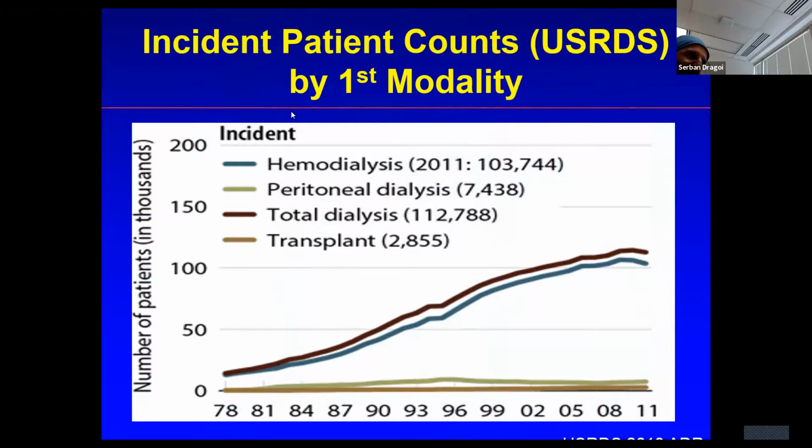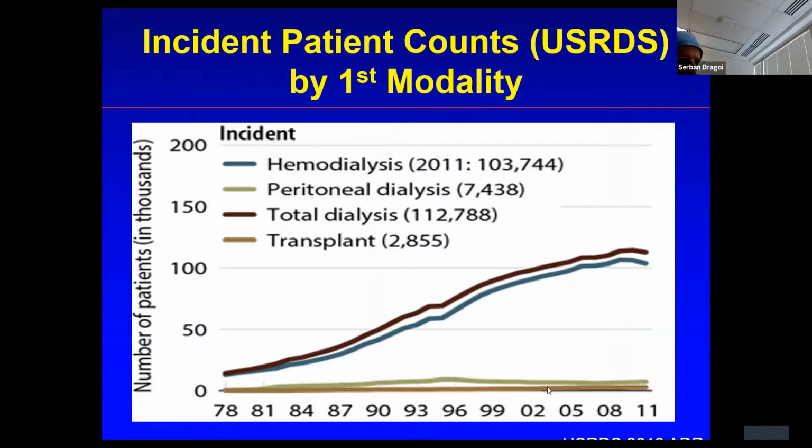You see that this line here denotes the hemodialysis. This is total dialysis, the one above, and the PD, it's the very thin or the very low number of patients, unfortunately. So it's an underutilization of peritoneal dialysis. The transplant, even more disturbing, it's barely there. It's a very low line, meaning the counts of those transplants are very, very low.